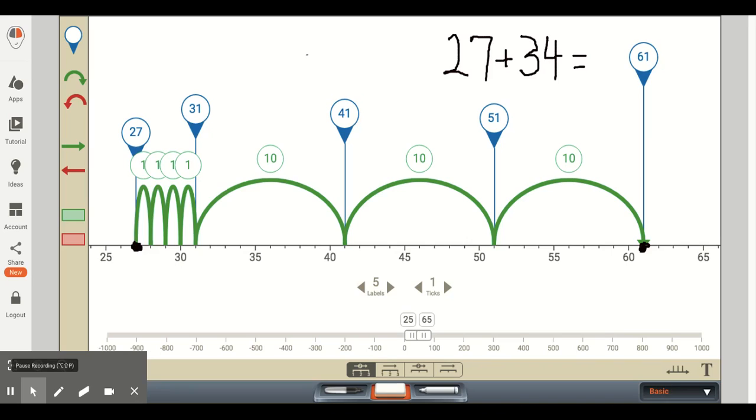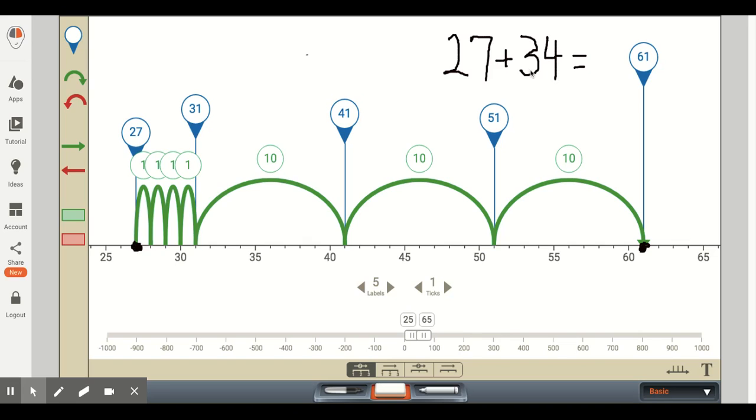And just one final thought when we're adding these two numbers on the number line. If a student wanted to start with the number 34 instead of the number 27, that would be fine because at this point, the students should know that when we're adding, we'll get the same answer, whether it's 27 plus 34 or we reverse it and it's 34 plus 27.